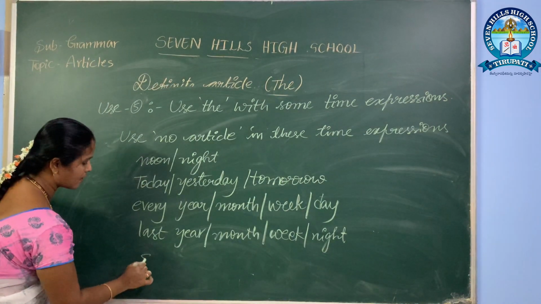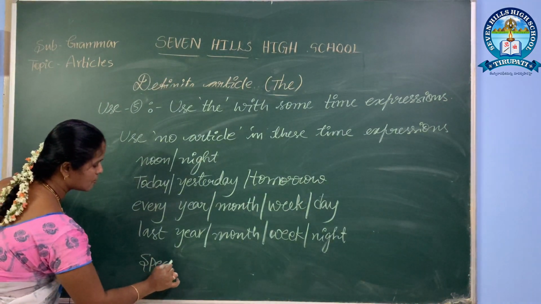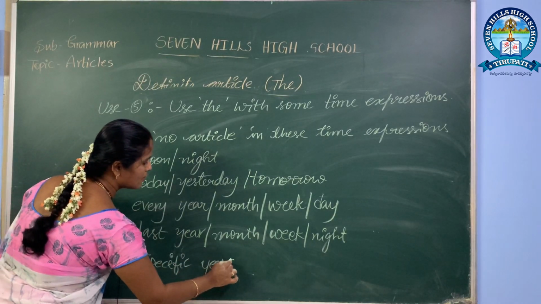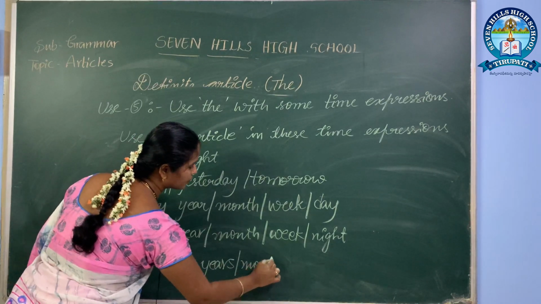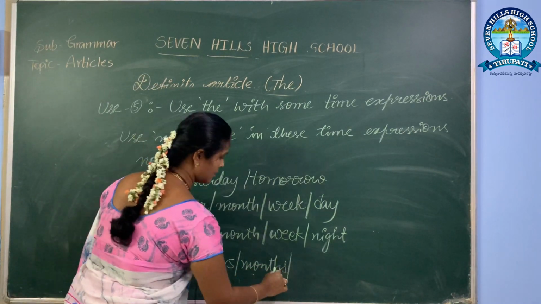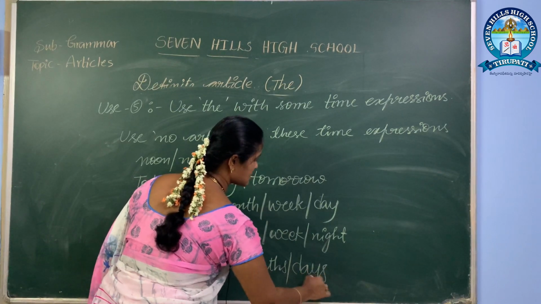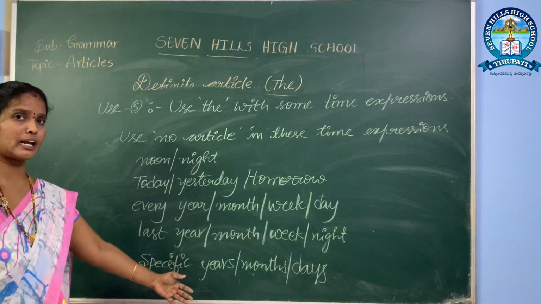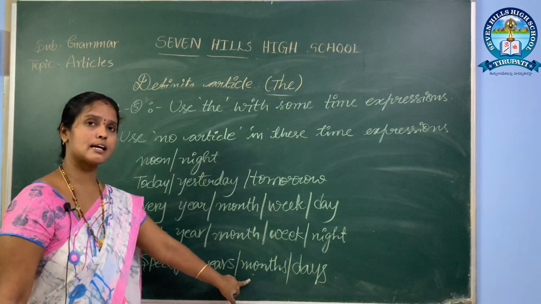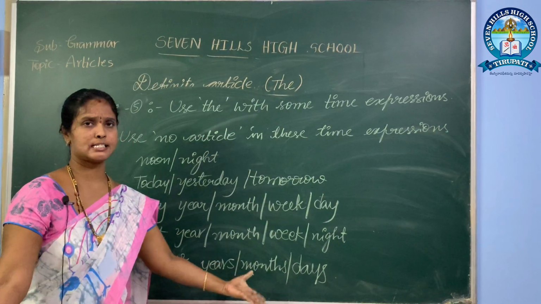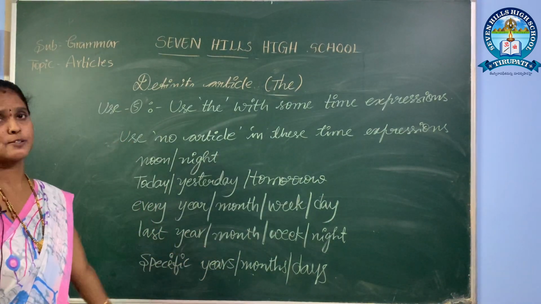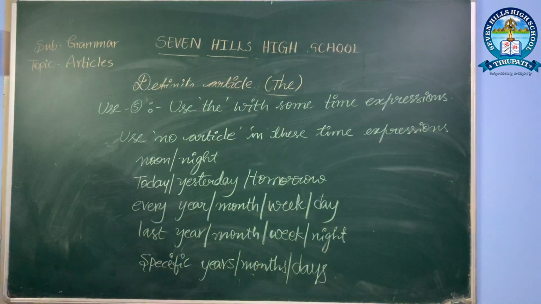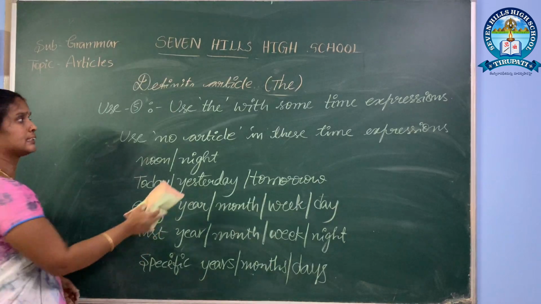And some specific years or months or days. That means suppose in 1984, we must not say in the 1984, months like August, days like Sunday, like this. Before these specific names we must not use the. And let's shift to rule number 6.